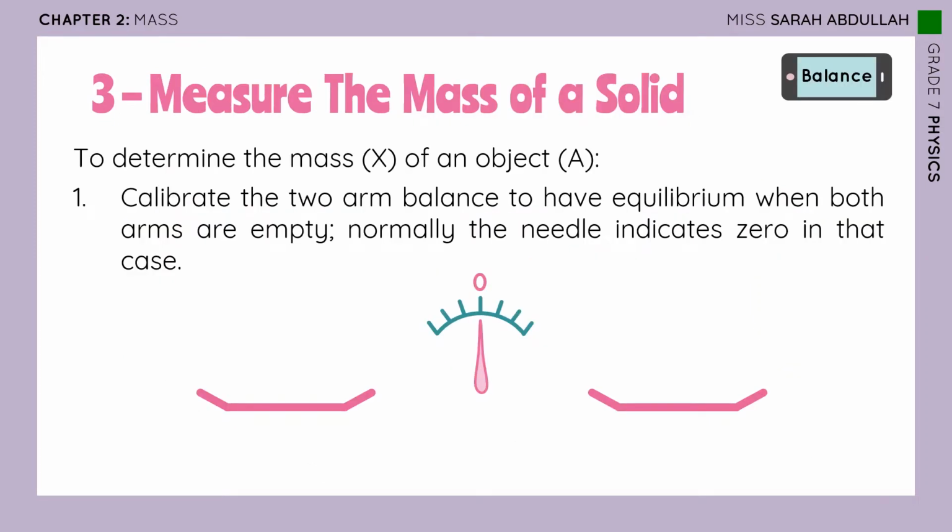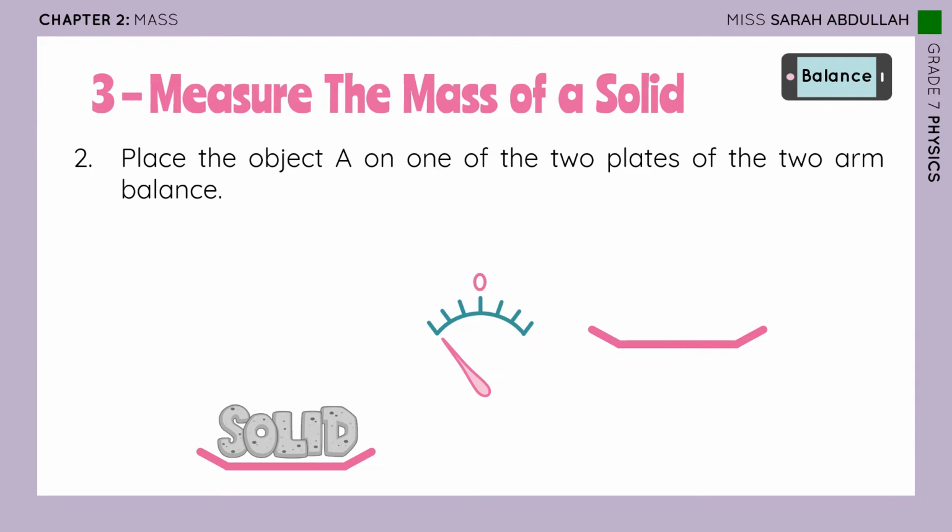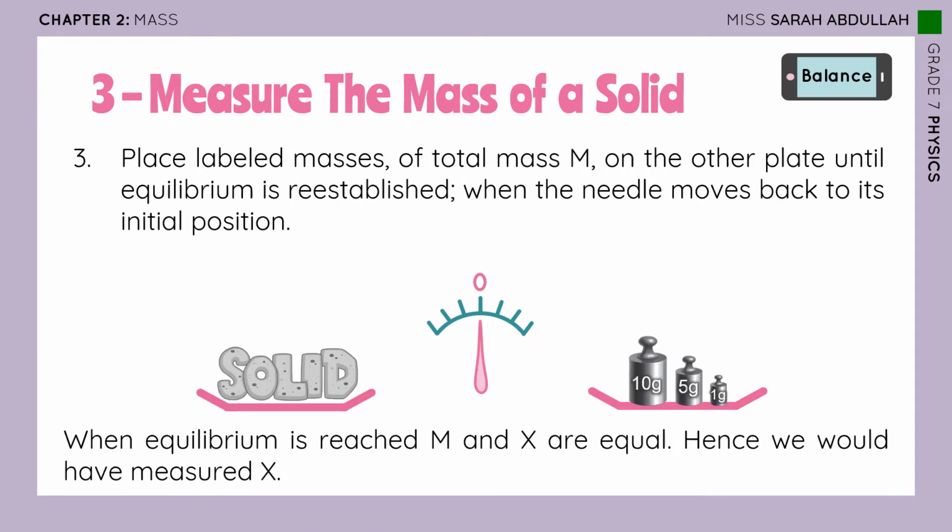So, having a quick review about how to measure the mass of a solid. First of all, we calibrate the two-arm balance to have equilibrium when both arms are empty. You can see that it is pointing at 0. It means it is calibrated well. Now we put the solid on one pan and then we put some labeled masses on the other pan until we reach equilibrium, until the needle just points to 0.